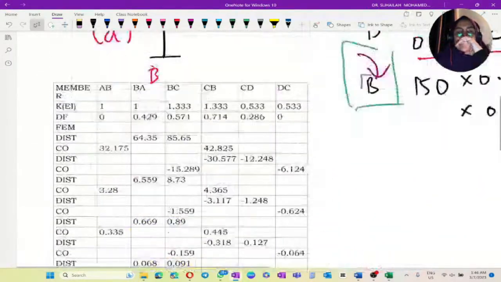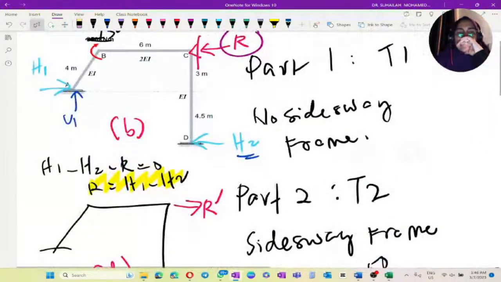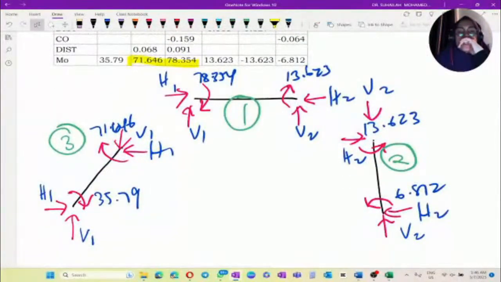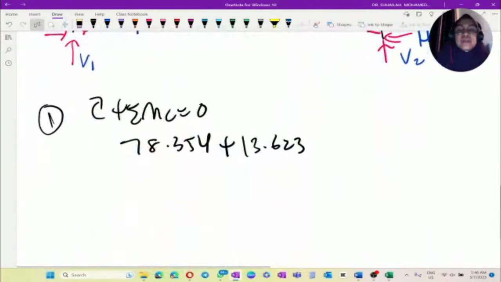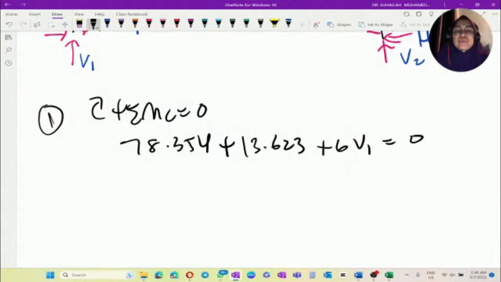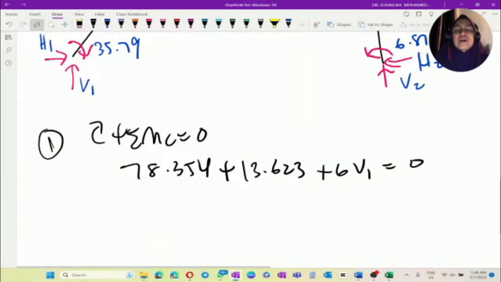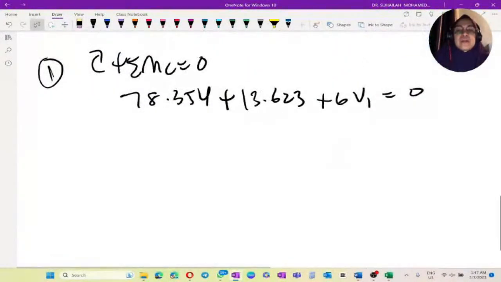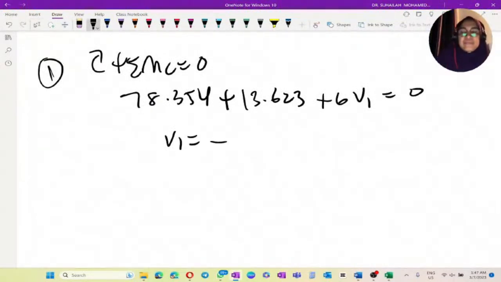It is a 6 meter length, so it is 6 times V1. 6V1 equals 0. All the terms are positive, and 6V1 is also positive, so V1 we get negative.